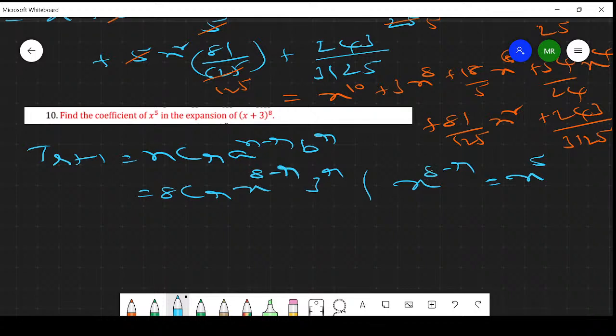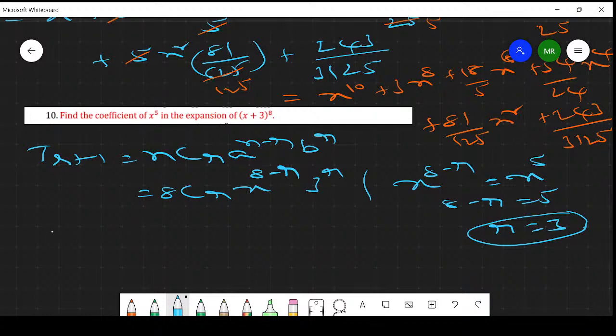This is 8 minus r equal to 5. You will get r is equal to 3. We got the r value 3, right?